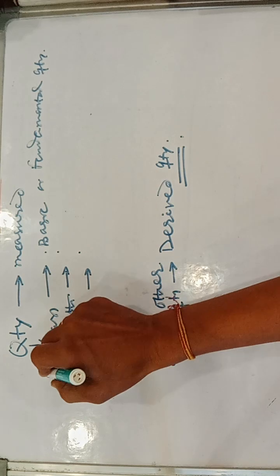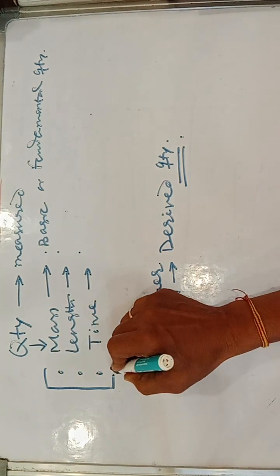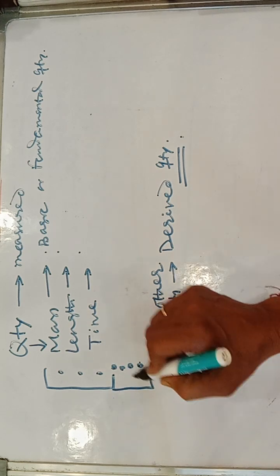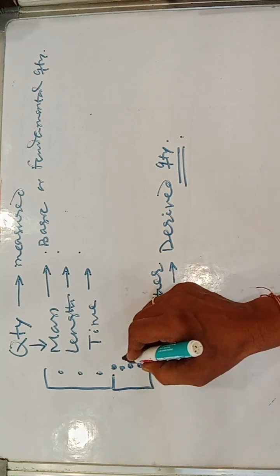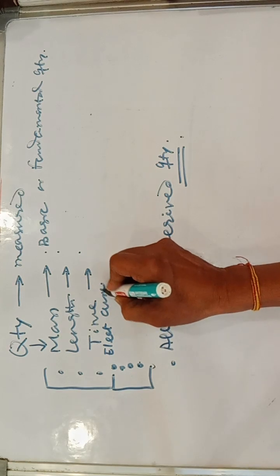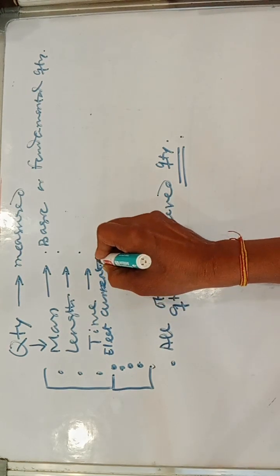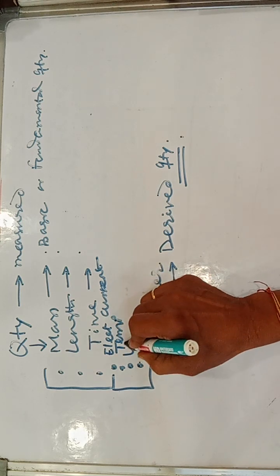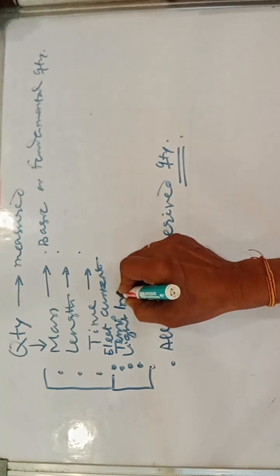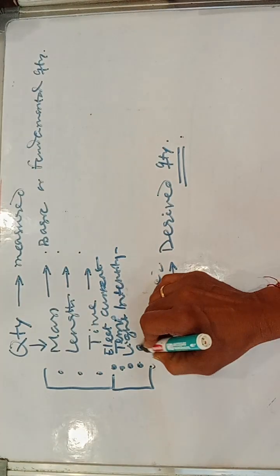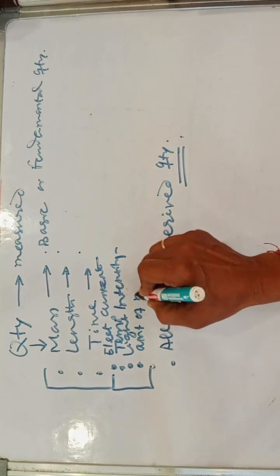Other than these three, four more quantities are included as basic quantities. These four additional are electric current, temperature, light intensity, and amount of matter.